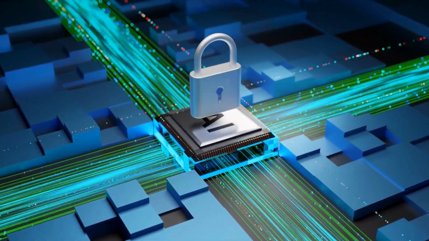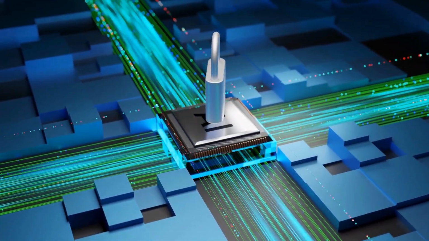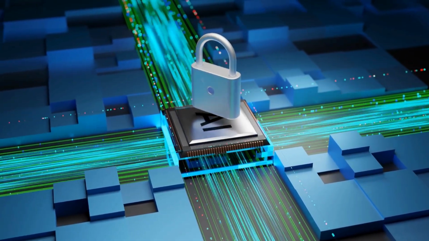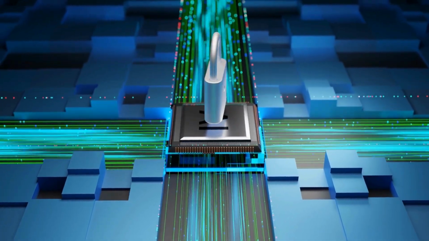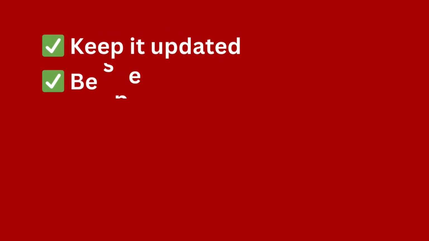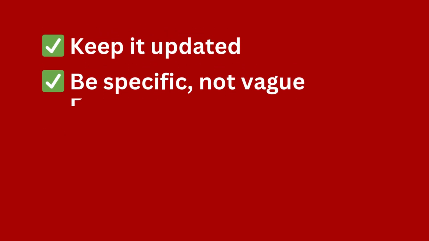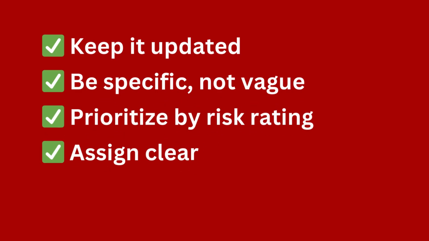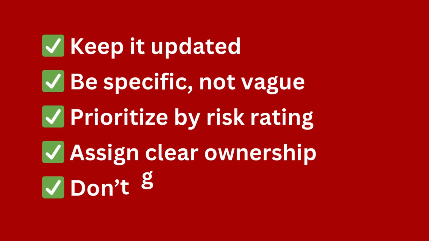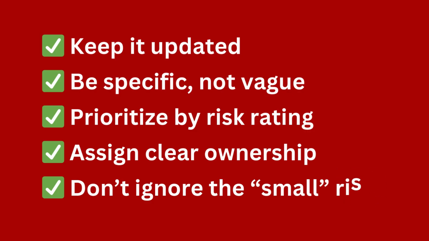To make your risk register effective, here are a few best practices every cybersecurity student and professional should follow. Keep it updated. A stale register is a useless register. Review it regularly, especially after audits, incidents, or system changes. Be specific, not vague. Describe risks clearly. Avoid generic entries like cyber attack. Instead, say phishing email targeting admin credentials.